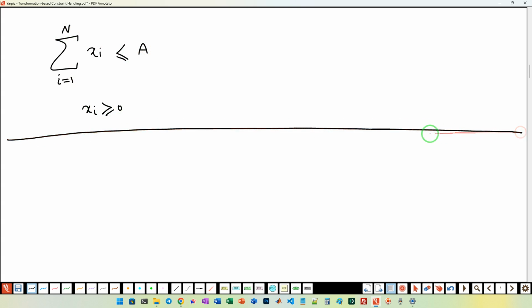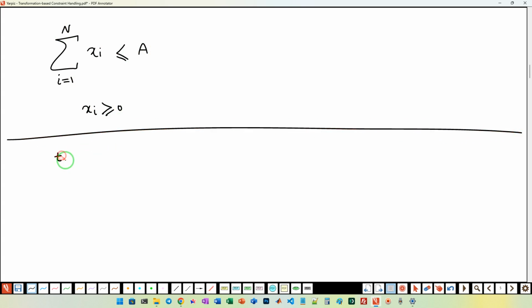Now let's assume that we have another type of a constraint. This is different. Summation of xi's from 1 to n must be less than or equal to a, and we know that these are non-negative numbers. How can we handle this?